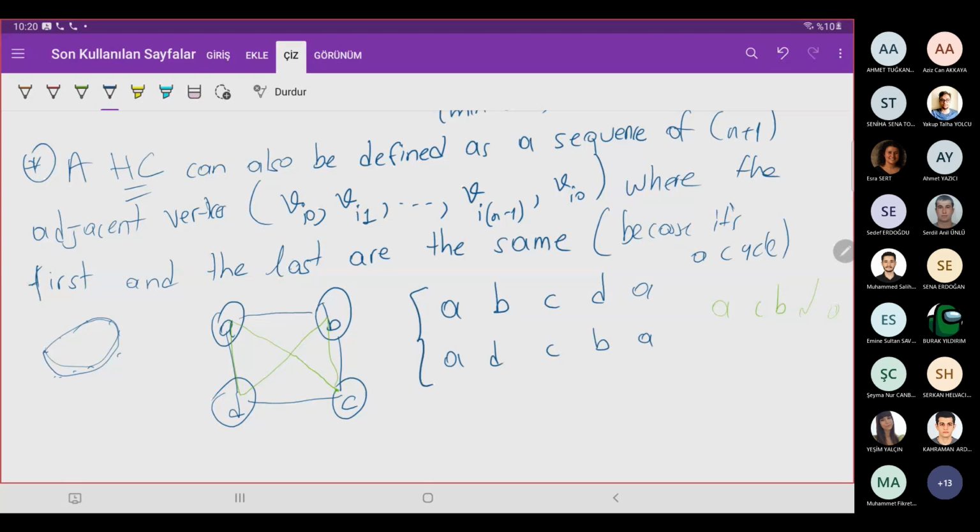Are they two different cycles? A, B, C, D, A and A, D, C, B, A. They are the same cycle, right? Because telling them in the clockwise direction or counterclockwise direction doesn't matter. It's like I look at it from this point or from the other point, then it shouldn't matter.